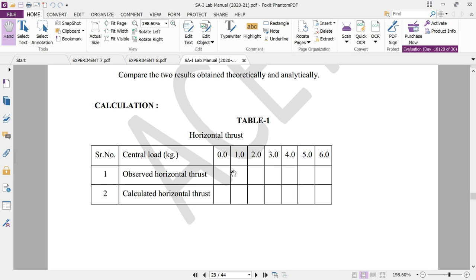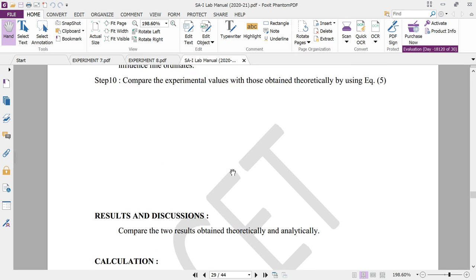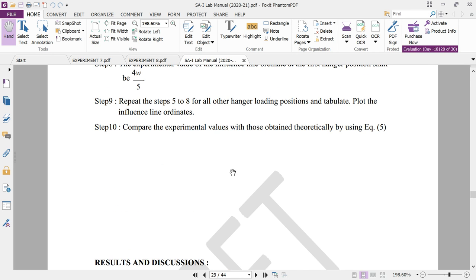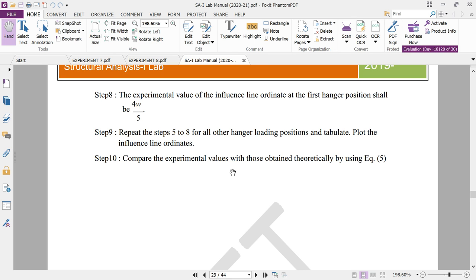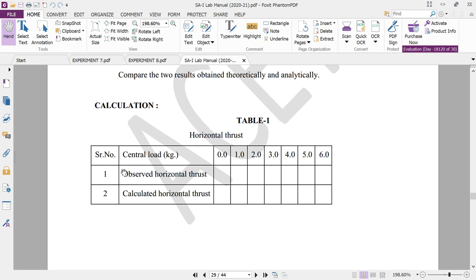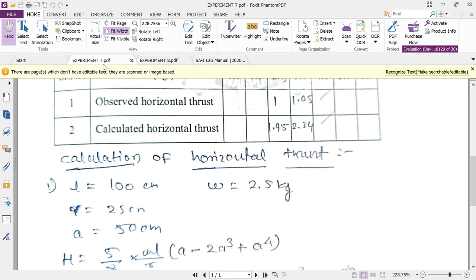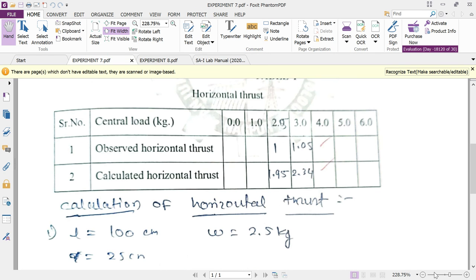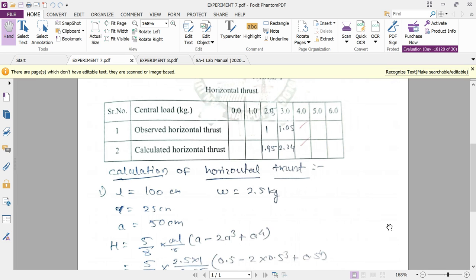So by this way we can calculate the horizontal thrust in the 2-hinge arch. So this is all about the discussion of the results, okay. So you can see that this is a typical result we will obtain.